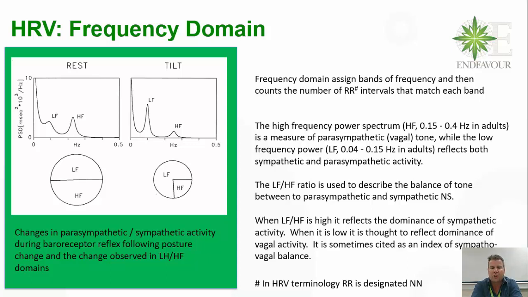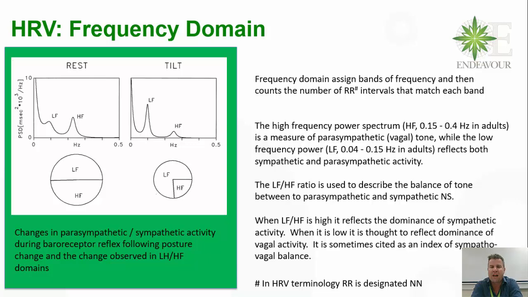That tilt demonstration shows you the shift that occurs in parasympathetic to sympathetic ratios, and we can see that with the HRV. So in summary, we have a time domain and a frequency domain.